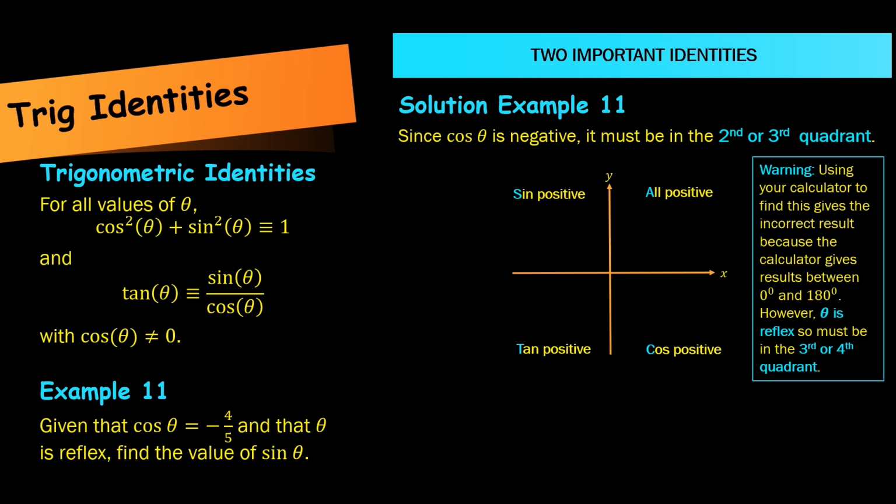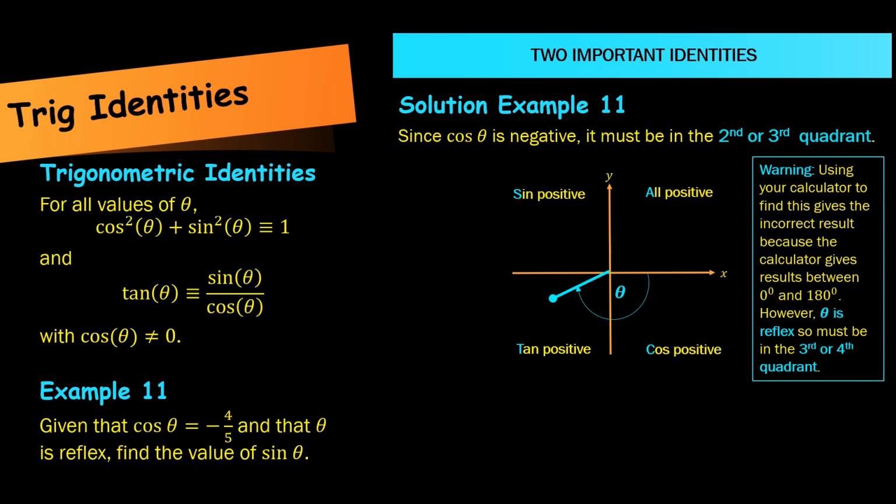However, we've also been told that theta is reflex, and therefore it must be in the third or fourth quadrant. So we can conclude that theta is actually in the third quadrant, because this is where both these conclusions overlap, as shown.